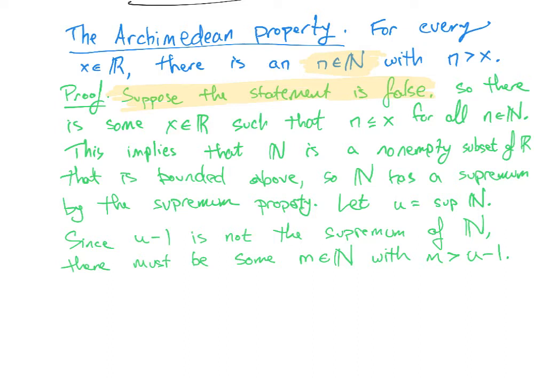Now we can add 1 to both sides, because we know if we add 1 to a natural number, we're still a natural number.